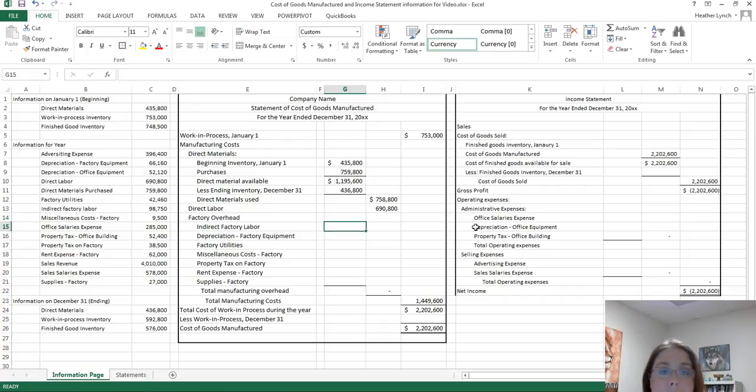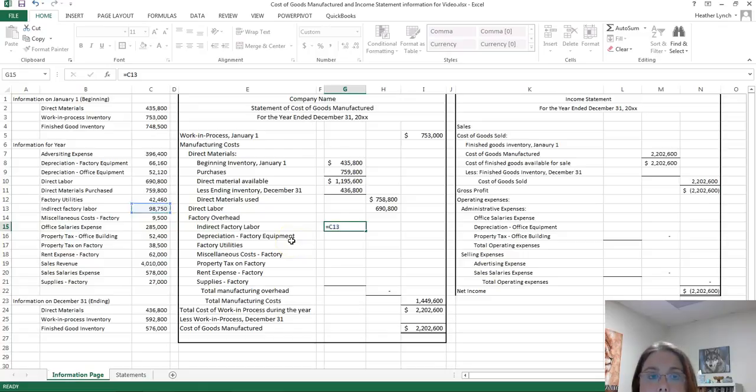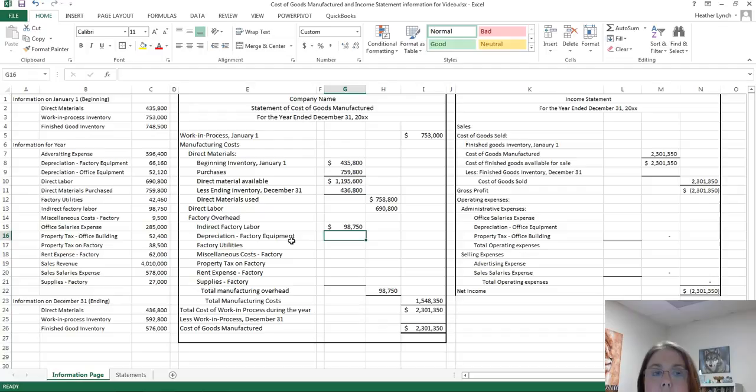Okay, so let's start down. We have our indirect factory labor. That is over here, $98,750. Depreciation, factory equipment. Okay, over here you notice that I have two depreciations.